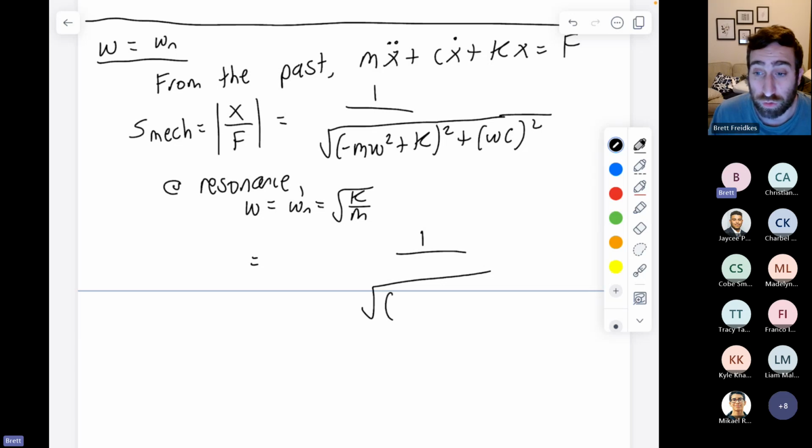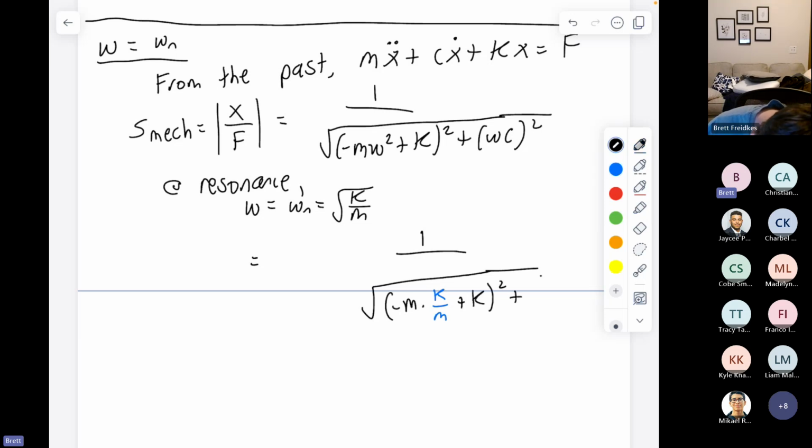So if you were to plug in omega n for omega, we get negative m times omega squared, which is just k over m, plus k squared, plus I'll write this as omega squared c squared.